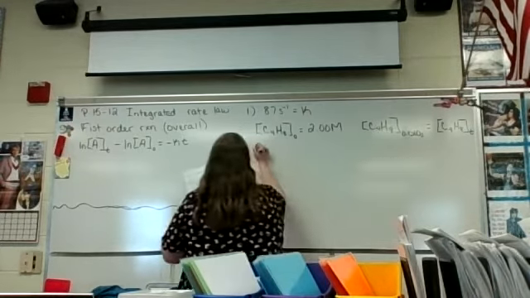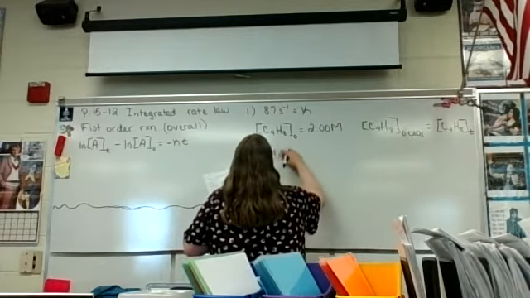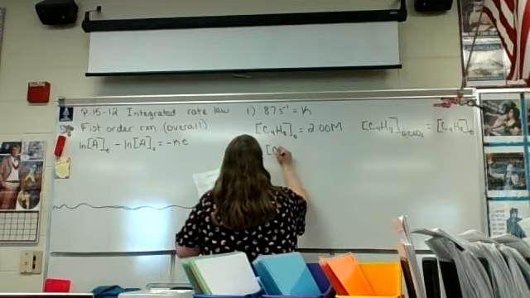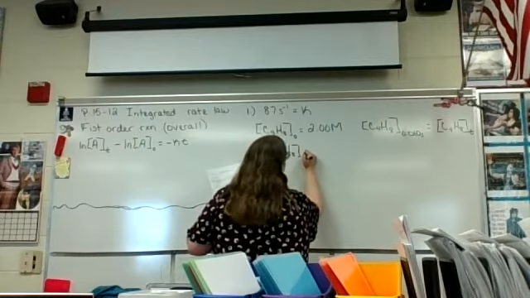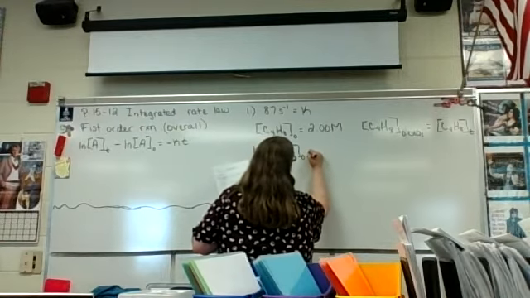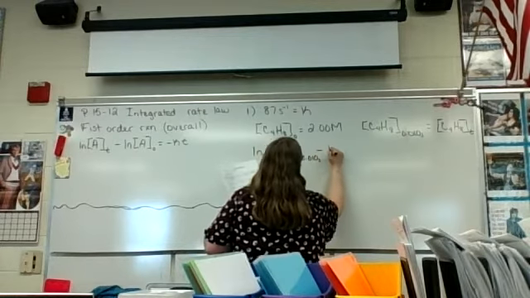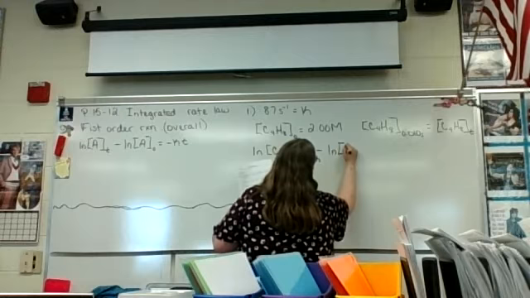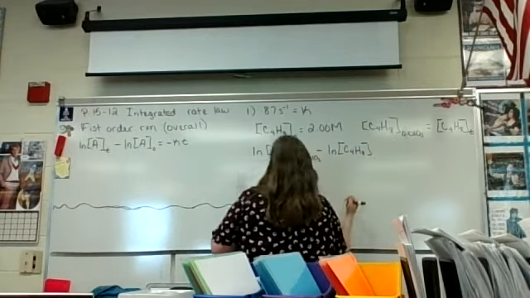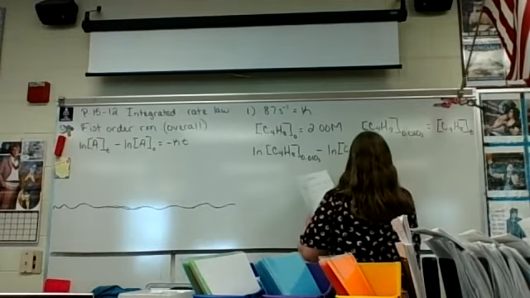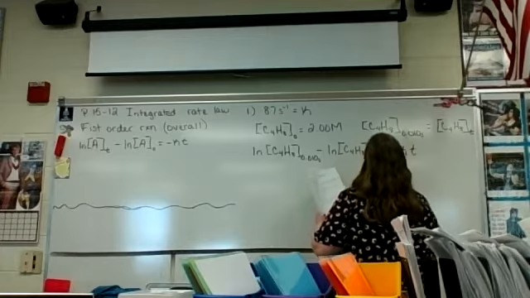We're going to use the natural log of the C4H8 at 0.010 seconds minus the natural log of the C4H8 concentration initial. And that's going to equal the negative rate constant times the time.